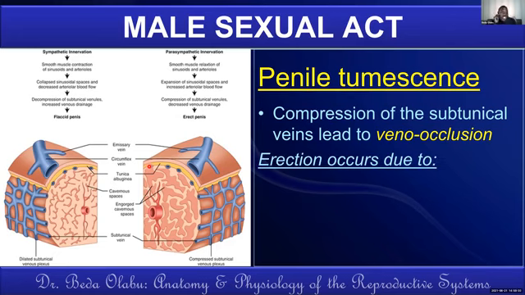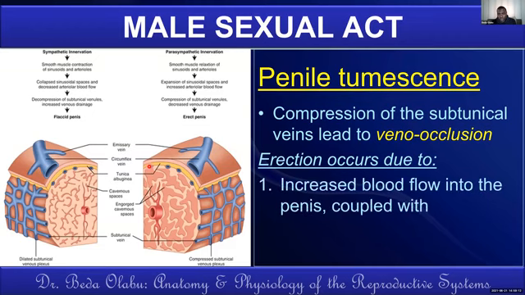So that brings me to, why does erection really occur? Erection occurs because two things have happened. One, the vasodilation has caused increased blood flow into the penile erectile tissues. So there is some level of expansion because of vasodilation.